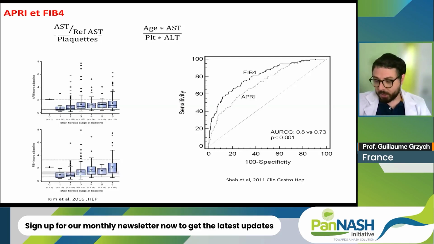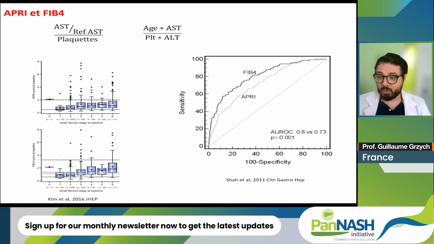In terms of performance, with external validation, we are at an area under the curve of 0.8 for the FIB-4. So it's very good compared to FibroTest. Remember, the performance of FibroTest with external validation is around 0.7. So it's pretty much the same, maybe better, but it's very easy to measure and easy to calculate. You just need the age, transaminases, and platelets. Remember, before that, we needed apolipoprotein, haptoglobin, and others. Here, you just need 3 biological parameters, or 2, because in most cases the transaminases are measured together.